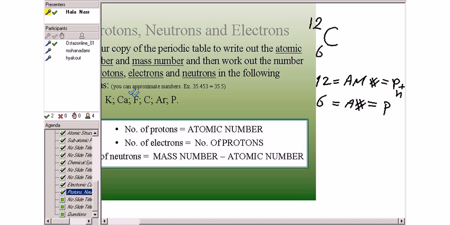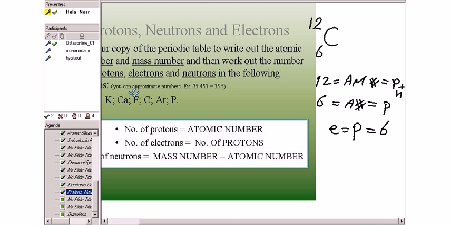The number of electrons is equal to the number of protons, so you said it. So the number of electrons, as you said, is equal to the number of protons, which is equal to 6 as well. And that's why the whole atom is neutral. So you never make a mistake in this one, right?